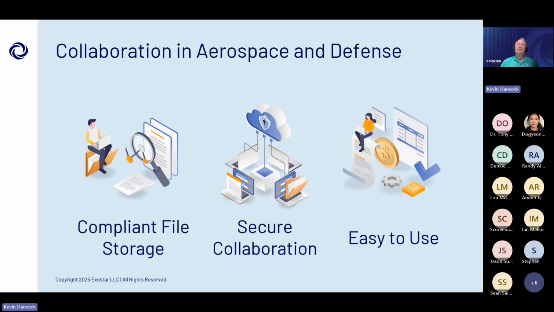So let's go ahead and jump in. What we're going to talk about today is how do you collaborate in the aerospace and defense industry. There's obviously a number of compliance requirements when you're trying to share information with your partners, third parties, businesses, etc. You want a way to securely collaborate, but we want true collaboration.